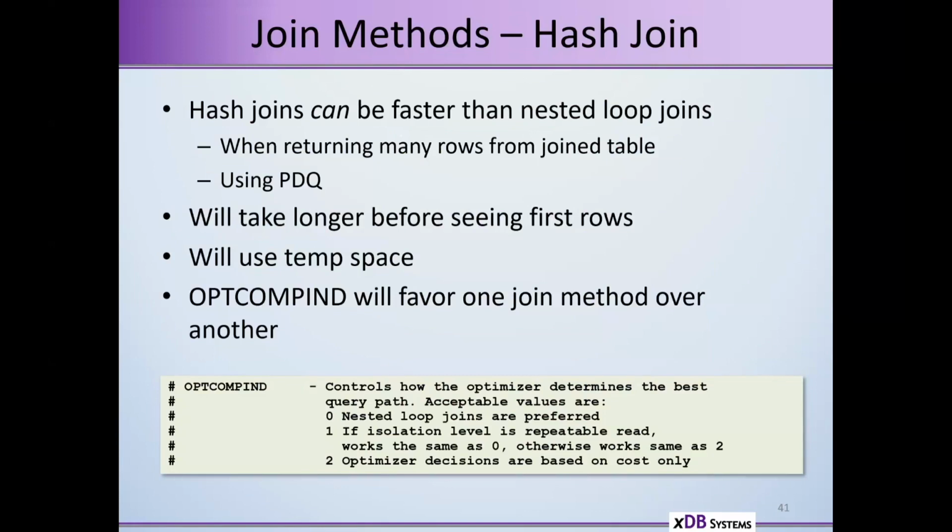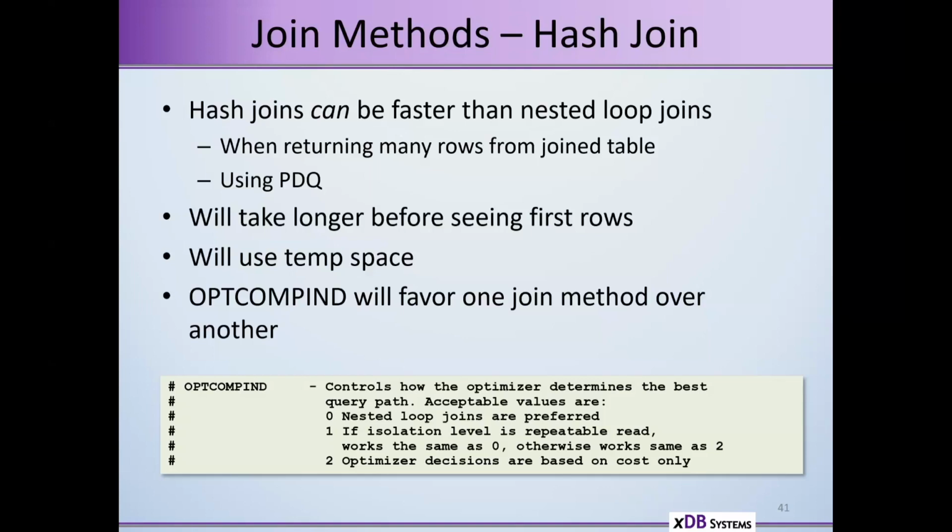That really improves performance, and you've got a lot of PDQ resources like PDQ memory, because then you can do all those hash joins in memory rather than using temp space on disk. So they're more efficient there, but they're less needed in OLTP environments.